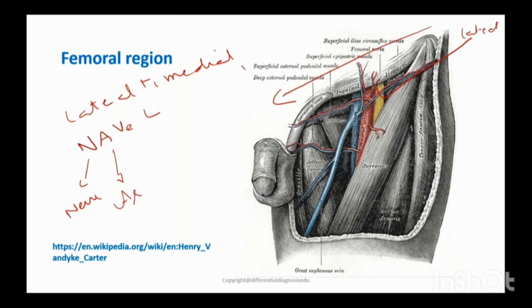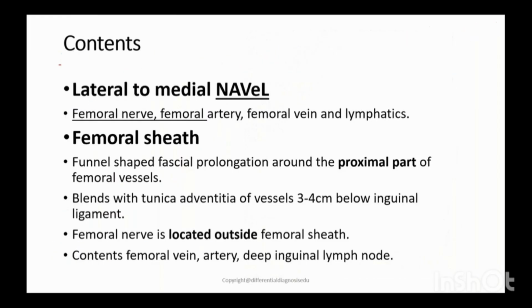This is medial. Lateral to medial, nerve, artery. V is vein. E is empty space. And L is lymphatics. So the contents are important, lateral to medial side.